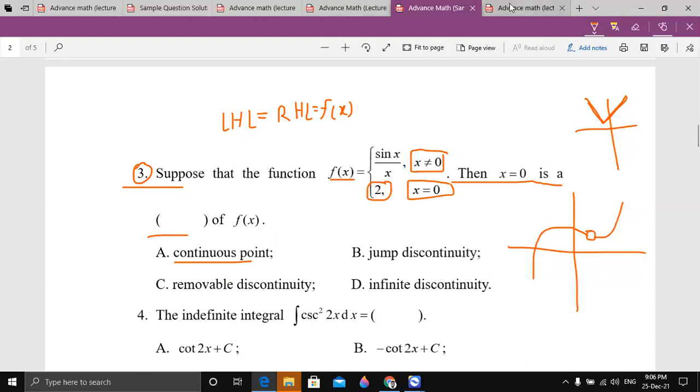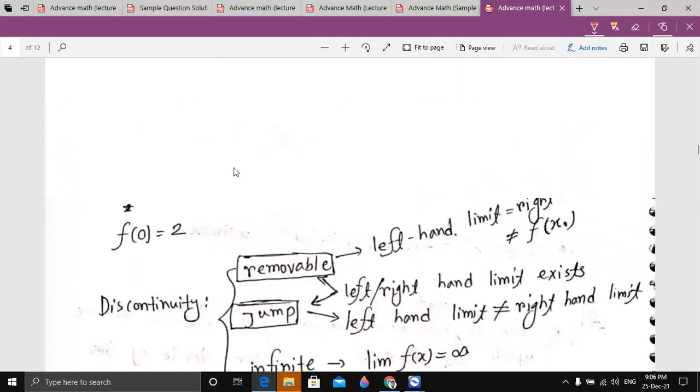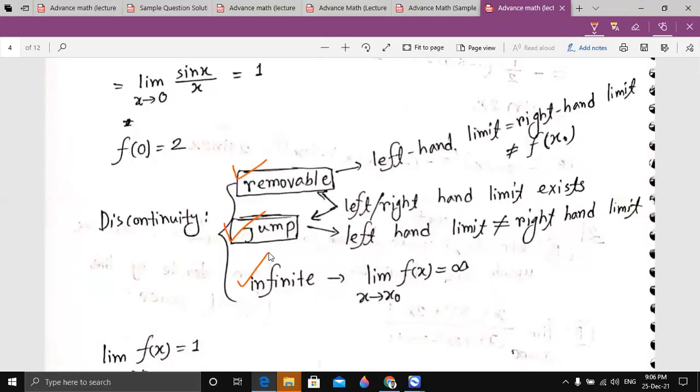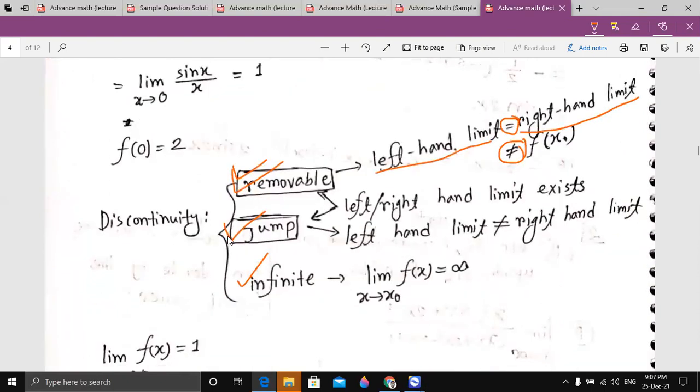And there is some kind of classification of discontinuity, like removable discontinuity, jump discontinuity, and infinite discontinuity. For removable discontinuity, our left hand limit and right hand limit are equal, but the function value is not equal to them, okay? And for jump discontinuity, the left hand limit and right hand limit are not the same.